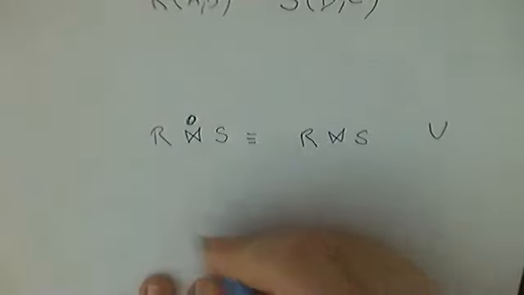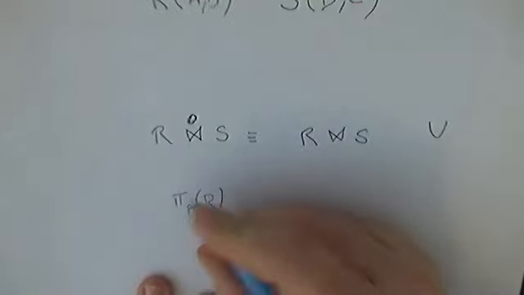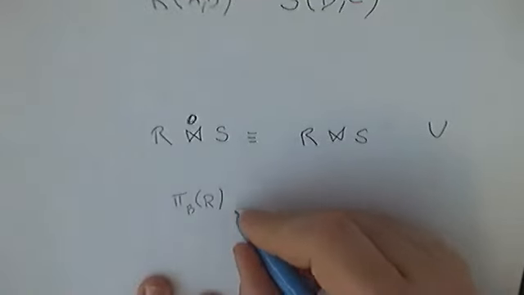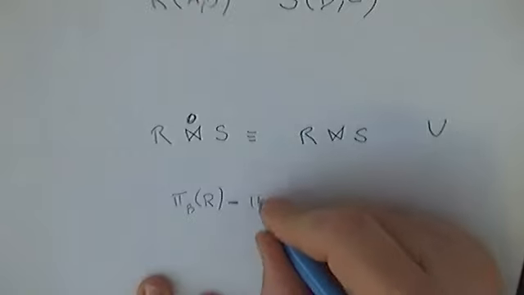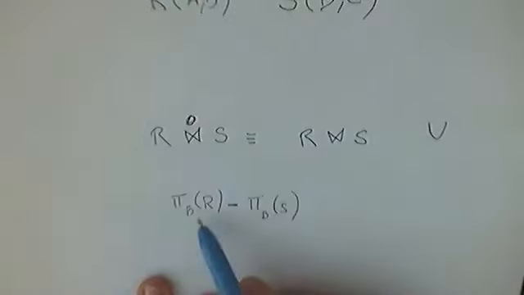Let's just do it as kind of a side thing here. If I say project B from R, that gives me the B's from R, and then I say minus project B from S. That right there just gave me all of the B's in R where there's not one in S. Is that clear?